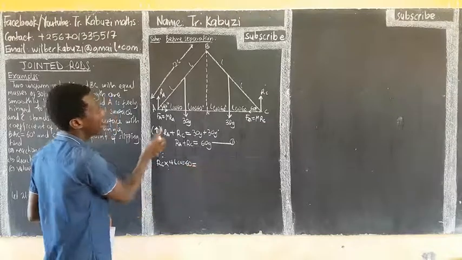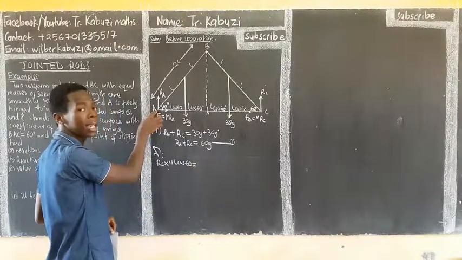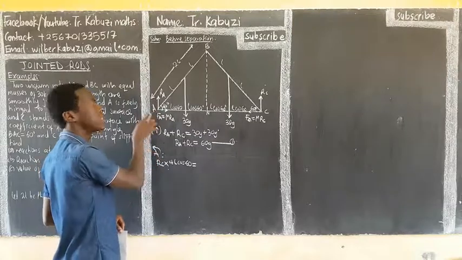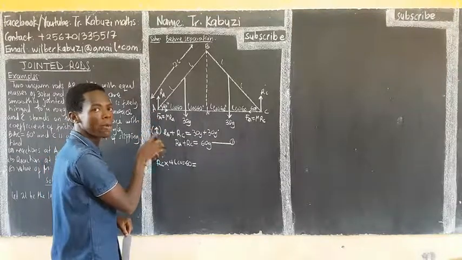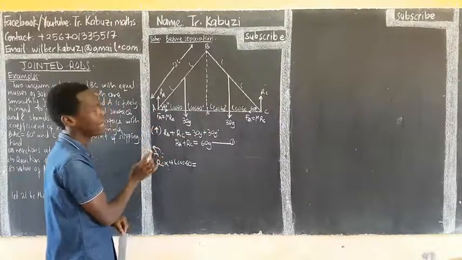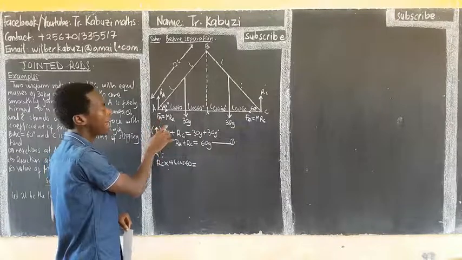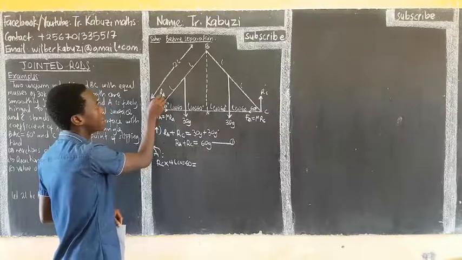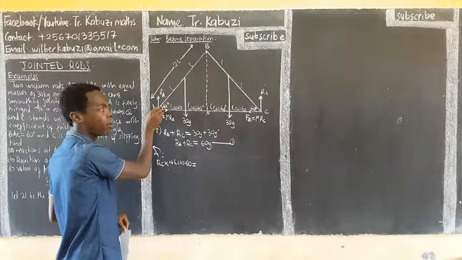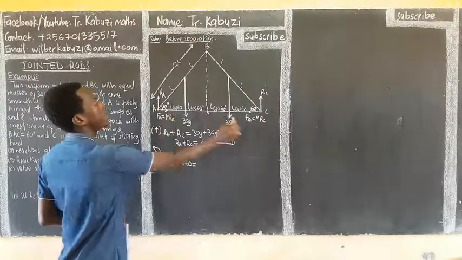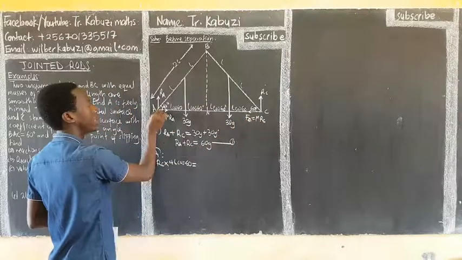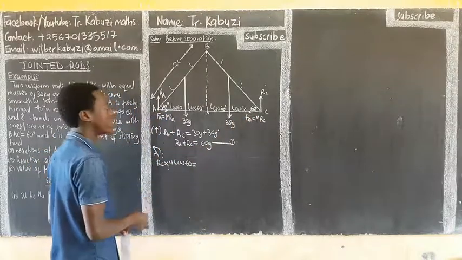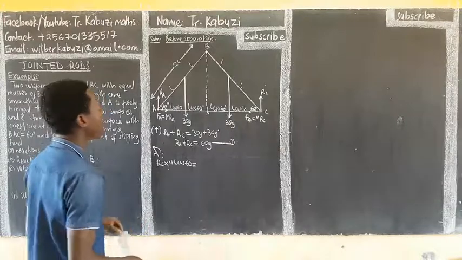Now, all of the forces from A, when you take moments at A, their moments are going to be 0. Why? Because moment is given by a force times the perpendicular distance. From this A, the perpendicular distance of this RA is 0. And also those forces coming, you see this one is also coming to A, its perpendicular distance is going to be 0. So that's the idea there.